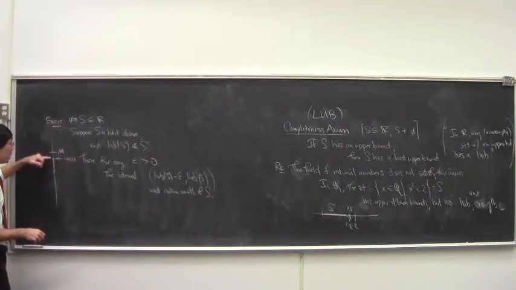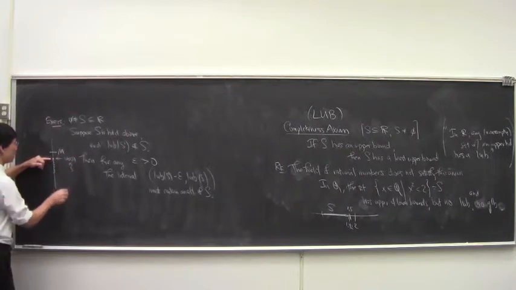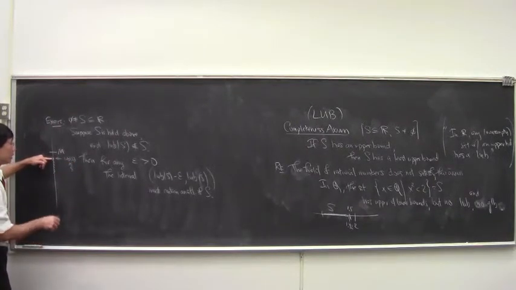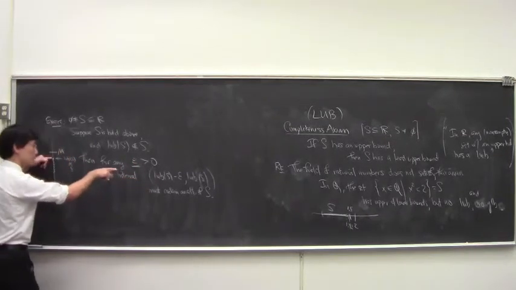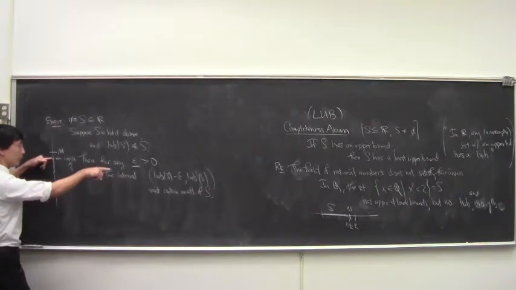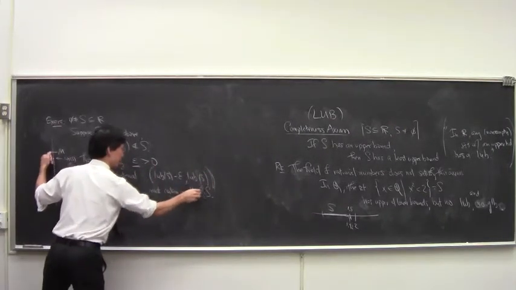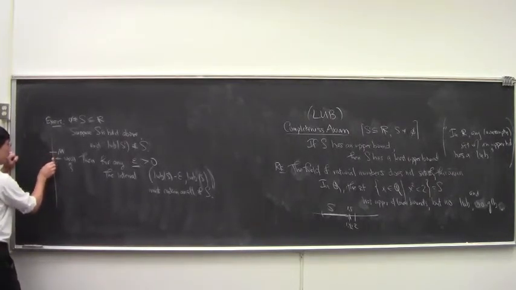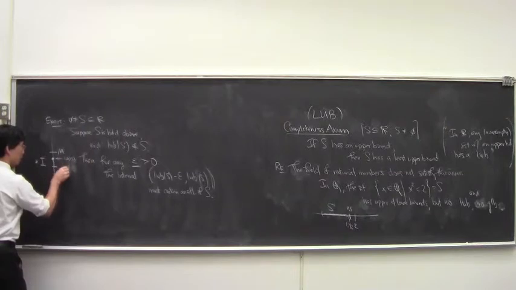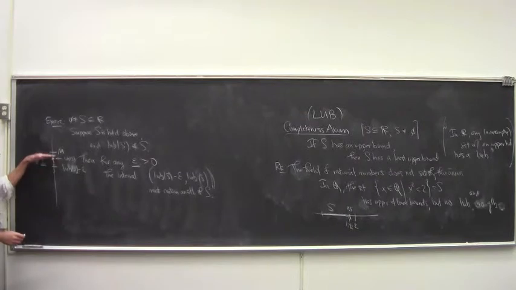The least upper bound of S is not an element of S. It says then for any epsilon, the open interval least upper bound minus epsilon, least upper bound, has to contain an element of S. Okay, so that's saying that if I look at any tiny interval of length epsilon, the interval least upper bound minus epsilon, comma least upper bound, there must be somebody in here that's an element of S.